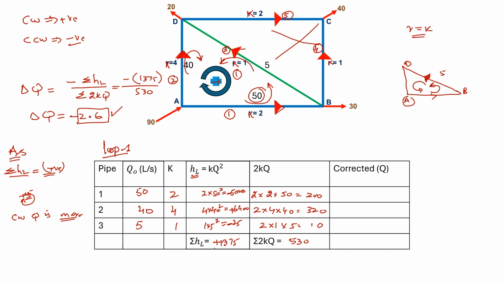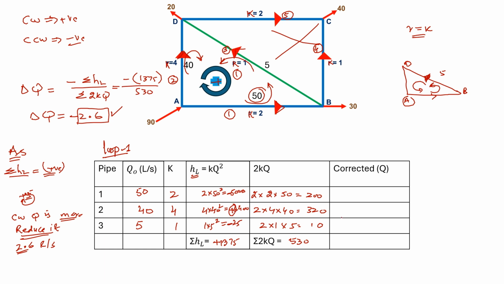Therefore we have a net answer of positive for HL. So clockwise Q is more, and we have to reduce it. How much? 2.6 liter per second. Where we see HL positive, you have to reduce it.